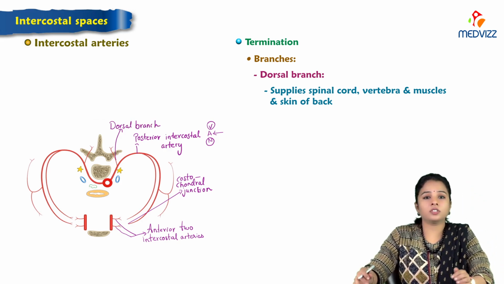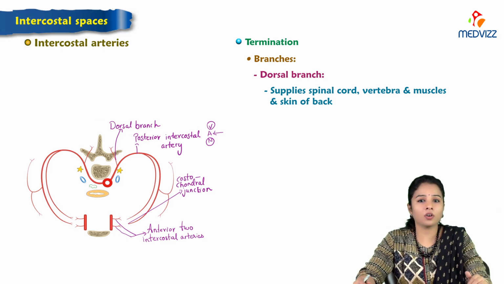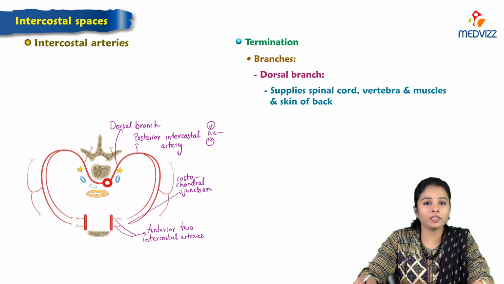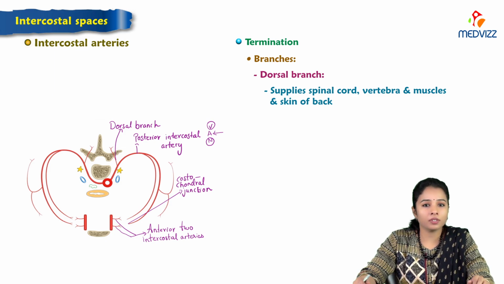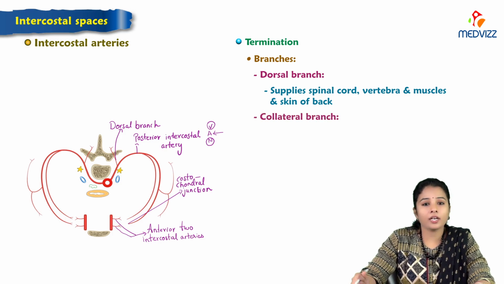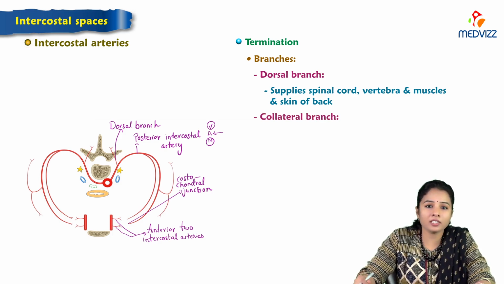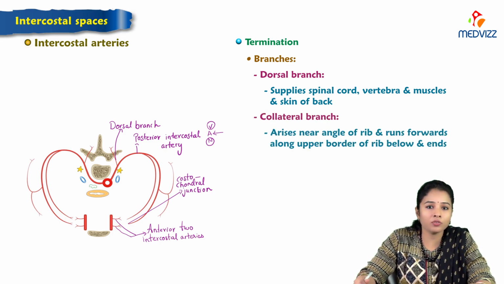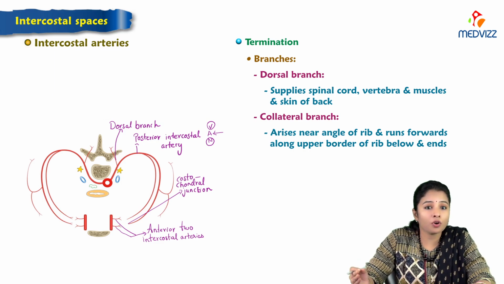So this is the dorsal branch which supplies the dorsal side, supplies the spinal cord also, forming the segmental arteries supplying the spinal cord, vertebra and the muscles near the vertebral column and also the skin on the back side. And collateral branch, it arises near the angle of the rib and it runs forwards along the lower border of the rib.